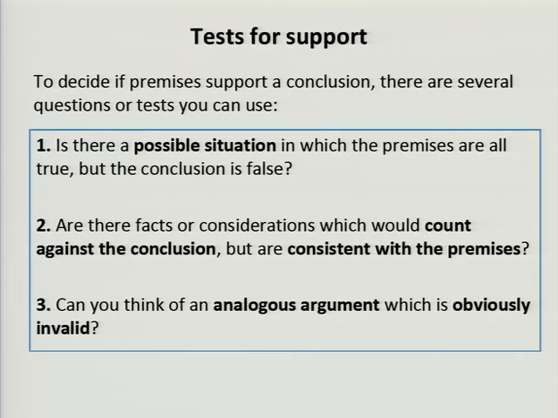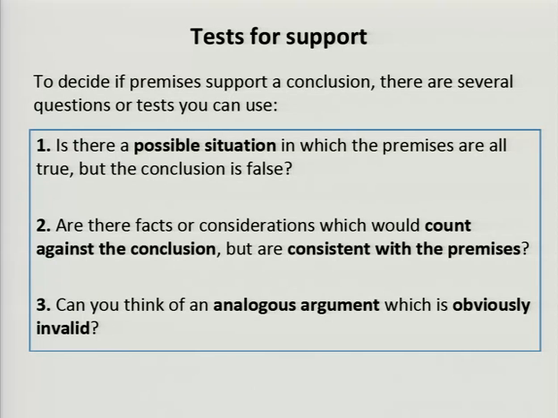Are there any facts, and this is a slightly different way of putting that, are there any facts or considerations that would count against the conclusion but be consistent with the premises? And again, this would be something that should be ruled out for a valid argument. So that's another way of looking at it.